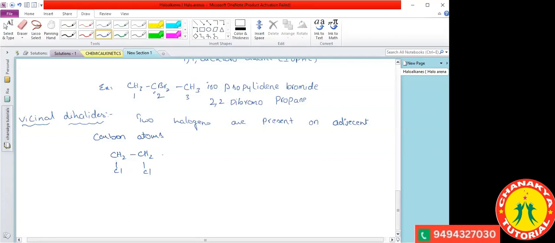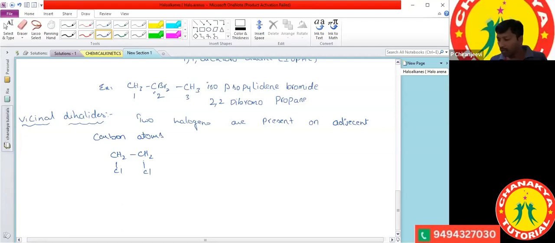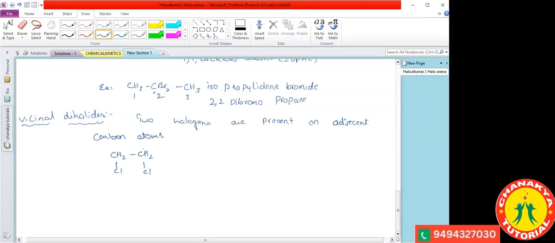Sir, in all the dihalides, should the halogens be the same, or can we even take two different halogens? Different halogens also we can take, but then the IUPAC nomenclature is going to be different. Like for vicinal, we can take different halogens attached to adjacent carbons.